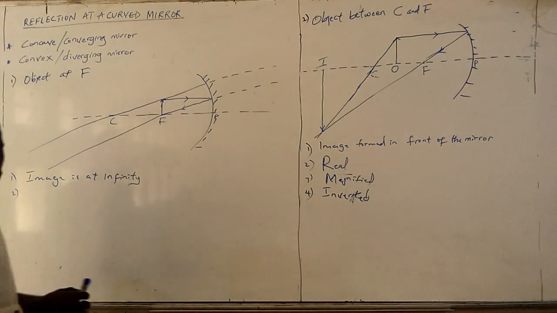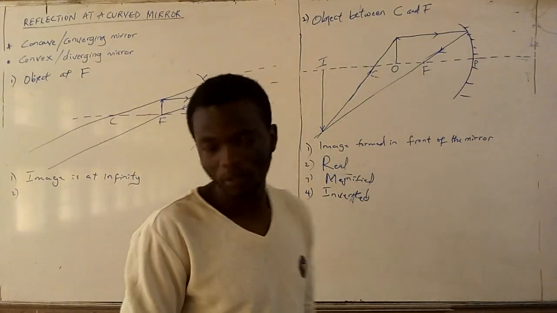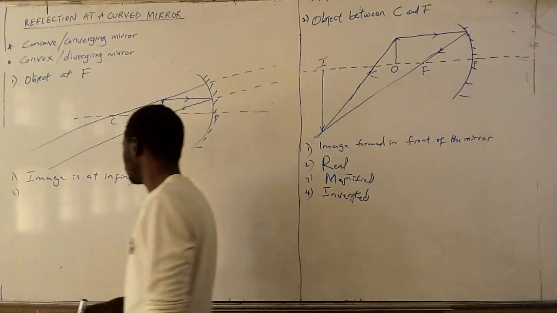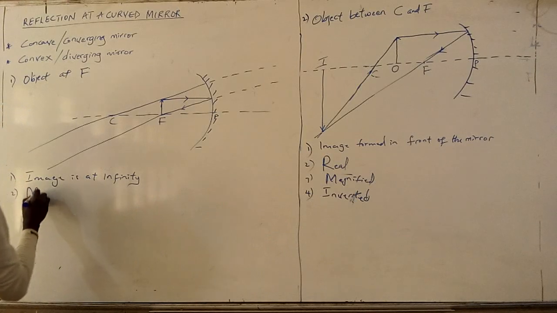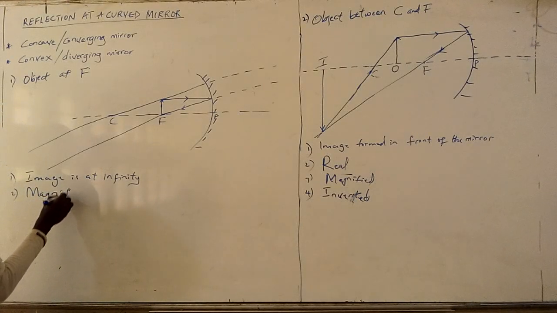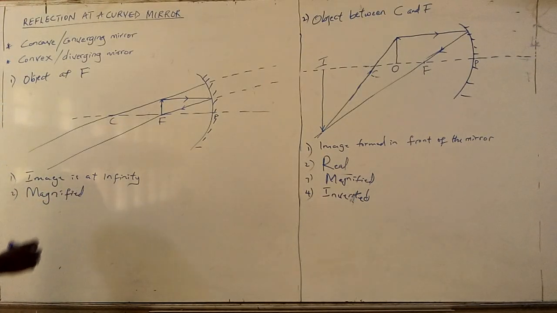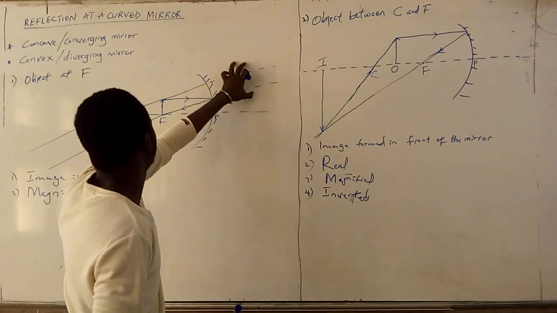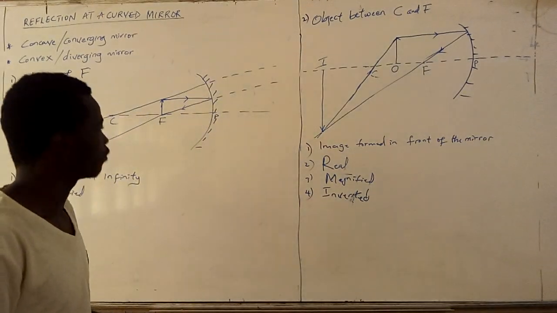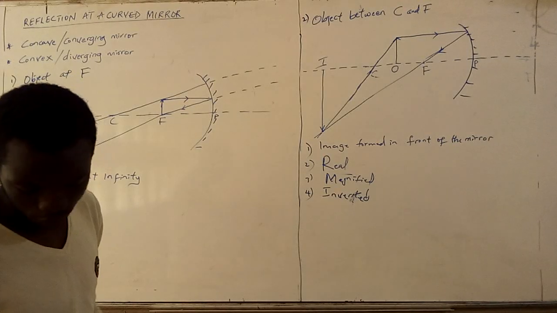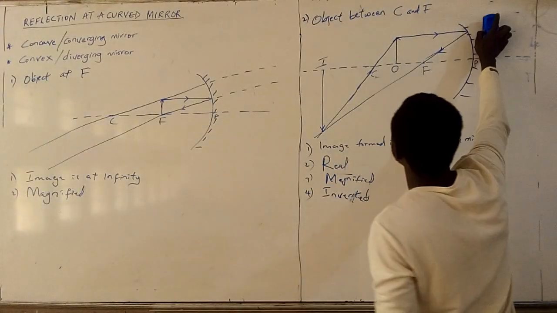Then 2, the image is always magnified. So the image is magnified, that is, it must be larger than the object. That's the properties for when the object is placed at F.